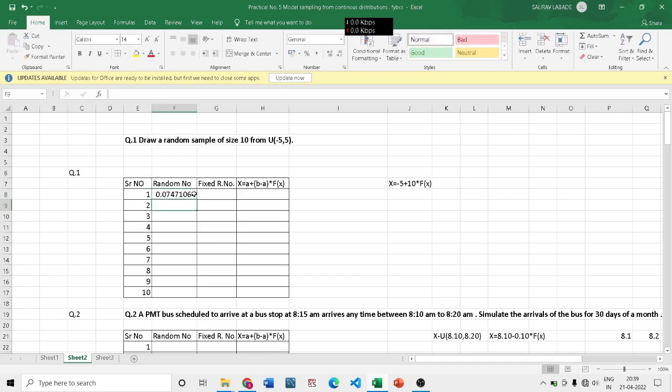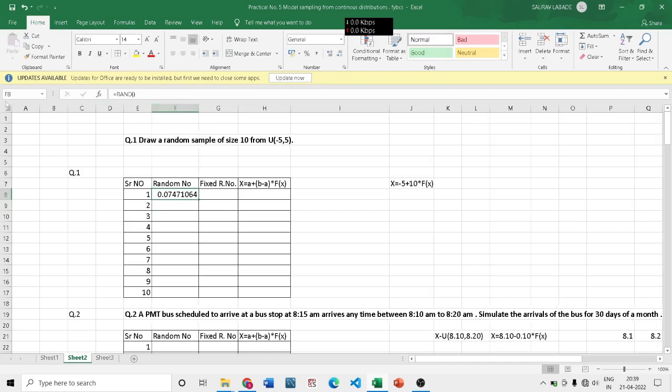Then the first random number gets generated. Now for getting all the random numbers from 2 to 10, we will just drag this, and here we got all the random numbers.